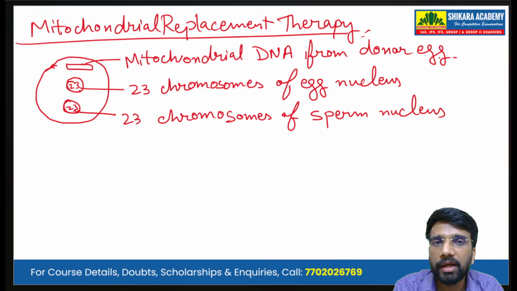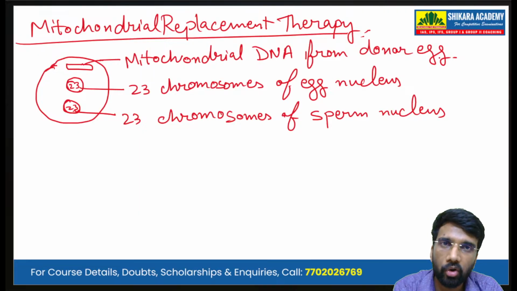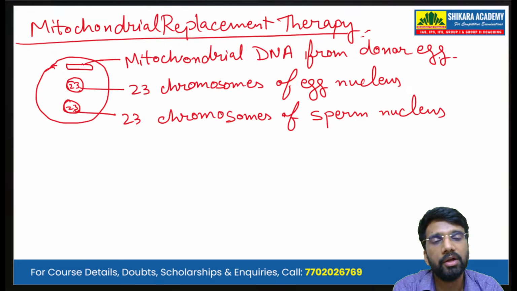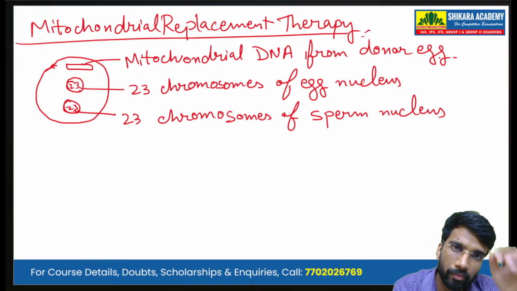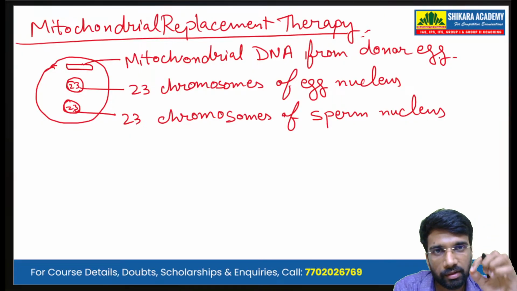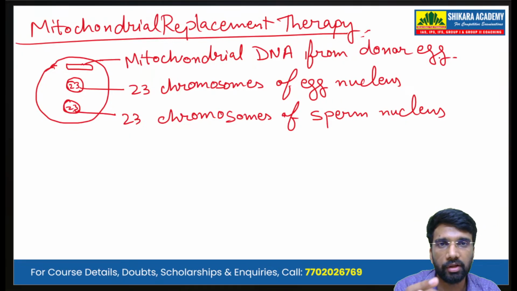But we have removed the mutated mitochondrial DNA and inserted the mitochondrial DNA that we got from a donor egg. If some female is donating her eggs, then from that donated egg cell we take out the mitochondrial DNA and put it there.